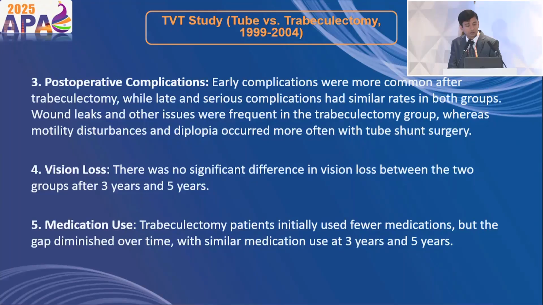Complications were more with trabs, but late and serious complications were similar in both the groups. Wound leaks were more frequent with trabs, and diplopia and of course motility disturbances would be higher with the tube group. Vision loss, no significant difference at 3 years and 5 years, and medication use, trab had lesser medication use in the first year, but again with time it became similar to the tube group.